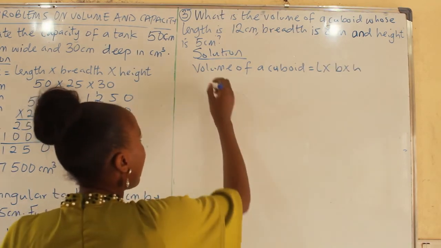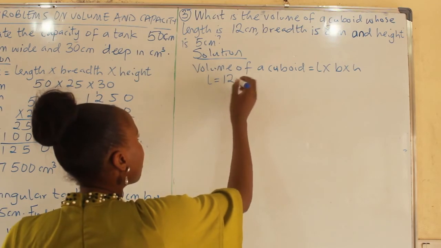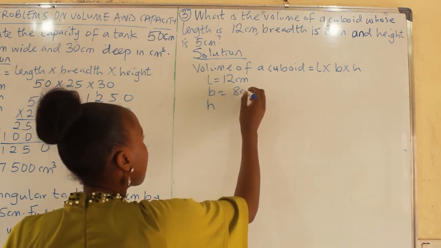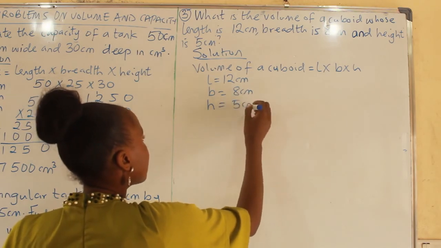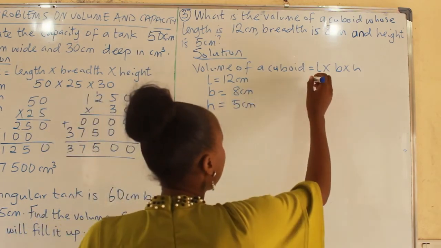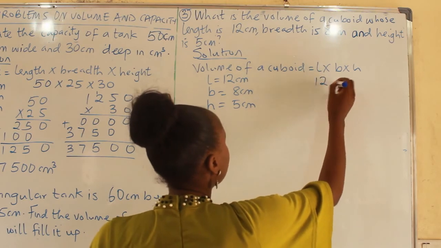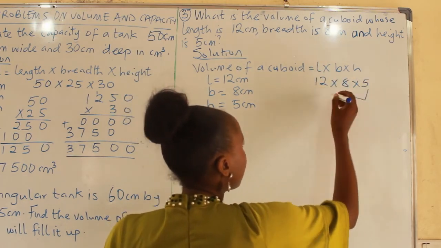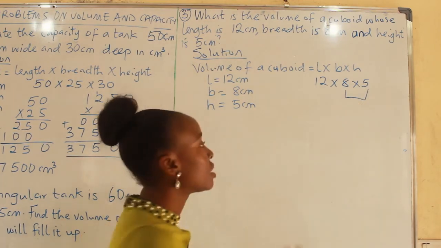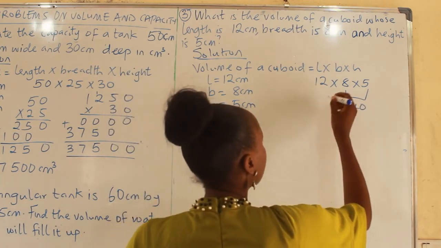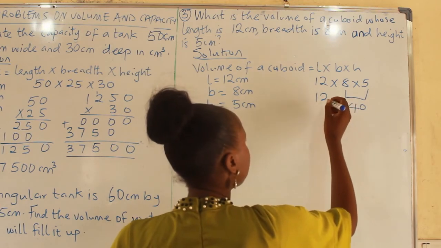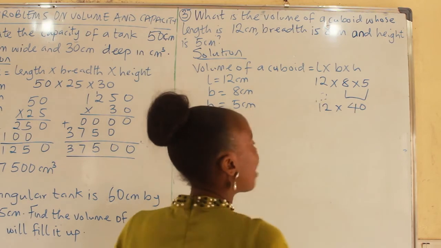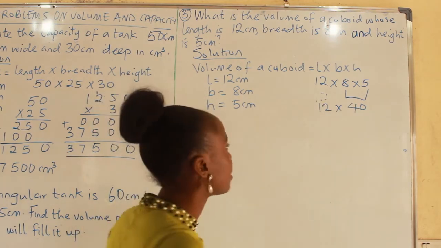So we have our length, which is 12, breadth 8, and the height 5 cm. So multiplying everything, we have 12 times 8 times 5. Now I'm sure you know that 8 times 5 is 40. So we are left with 12 times 40.